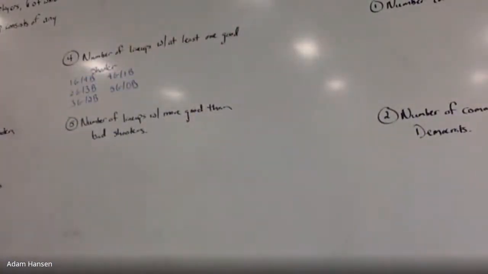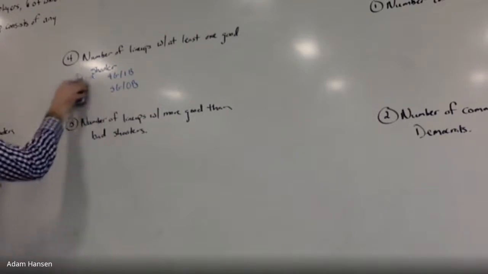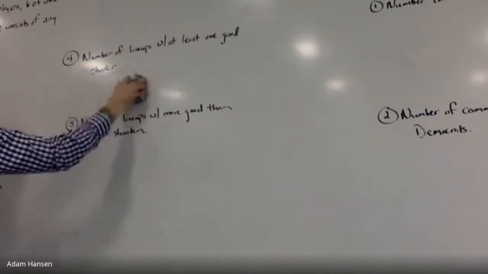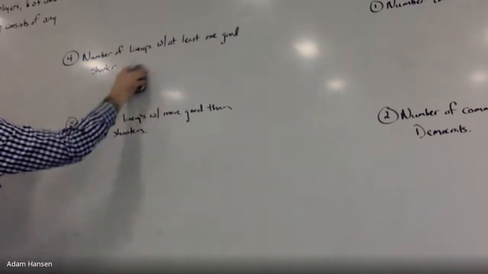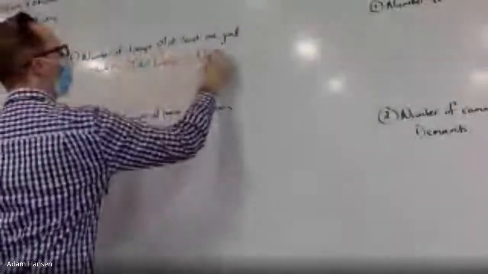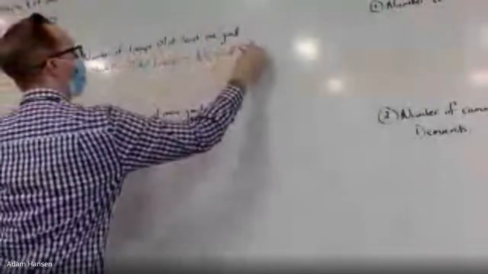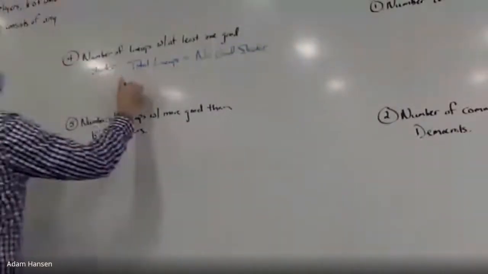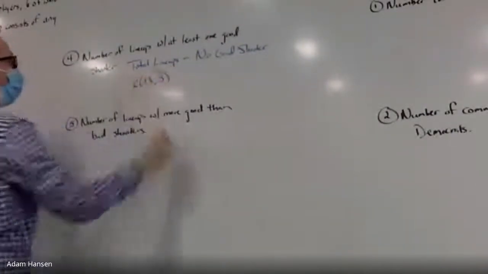Let's try that. The opposite of at least 1 good shooter is no good shooters, all bad shooters. So let's take the total number of lineups and exclude the one that can't happen, the no good shooter lineups. Total number of lineups minus no good shooter lineups. Total lineups, we already have, that's 13 choose 5. 13 players on the team, choose any 5 of them for the total number of lineups.